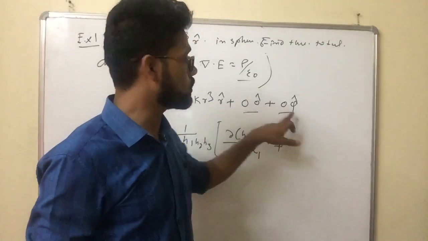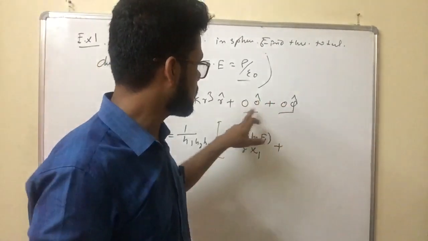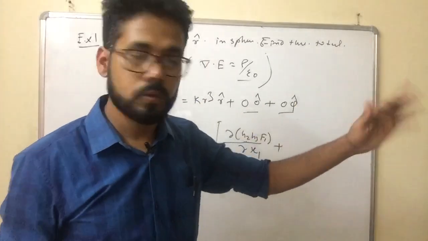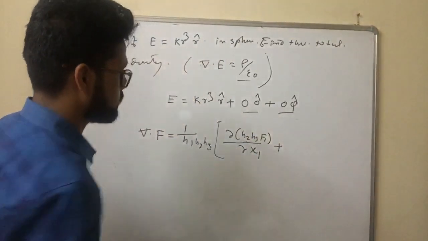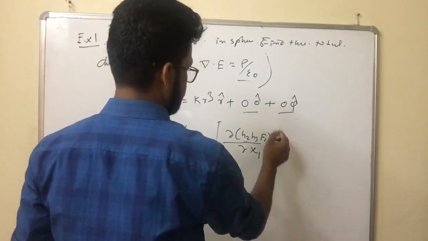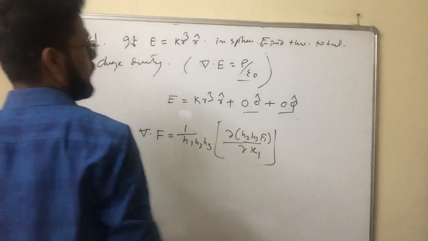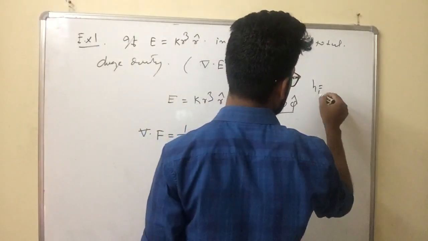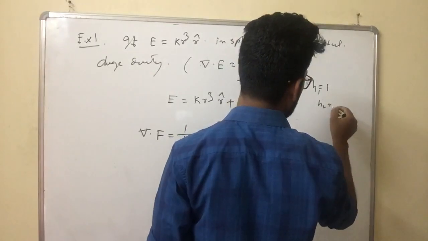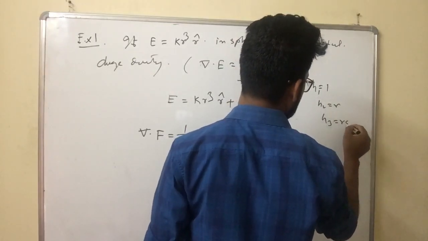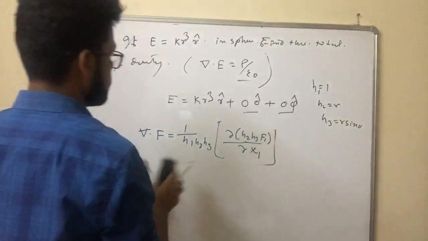Why? Because these two terms are missing, so the coefficients F2, F3 are 0, no need to evaluate. And you know h1 equal to 1 in spherical, h2 equal to r, h3 equal to r sin theta.